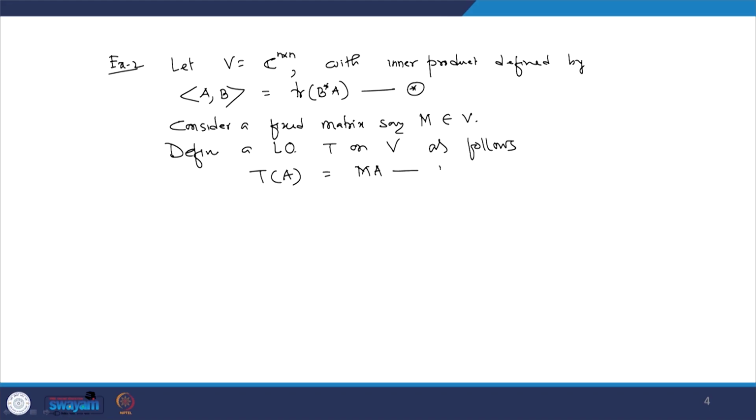So, this is my definition of the linear operator T on V. Again, since the space is finite dimensional, certainly you will have the adjoint operator of T. Now, the question is how this adjoint operator is defined for this operator. Then what about T star?